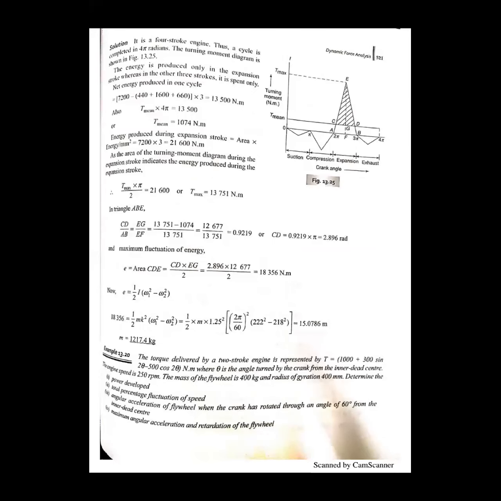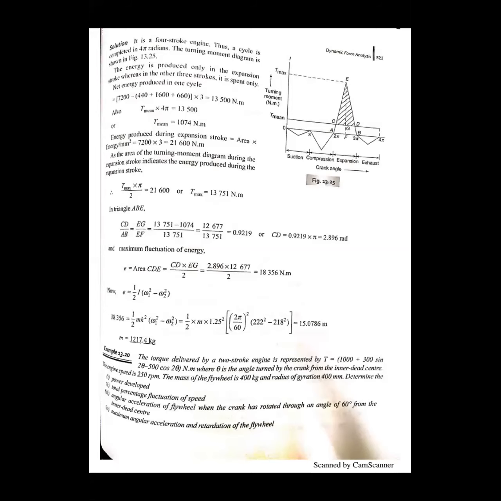Okay, the problem is there. The torque delivered by a two-stroke engine is represented by T equals 1000 plus 300 sine 2 theta minus 500 cos 2 theta Newton meter, where theta is the angle turned by the crank from the IDC. The engine speed is 250 rpm.